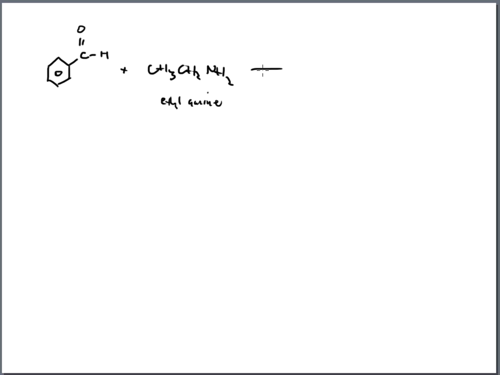That was one of those things that we talked about in chemistry 251, which was the nomenclature of amine compounds. So here we have benzaldehyde. We are reacting it with ethylamine. Now keep in mind, ethylamine is a primary amine. It's a nitrogen with 2 hydrogens and an alkyl group. And we want to know what product is formed. So what I have to do is think, okay, well, this is a type 2 carbonyl.